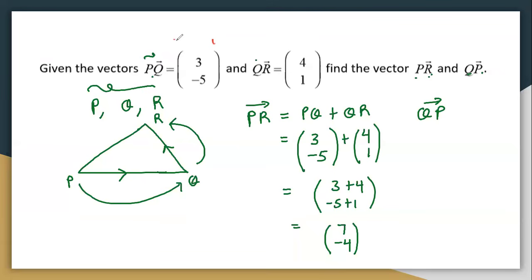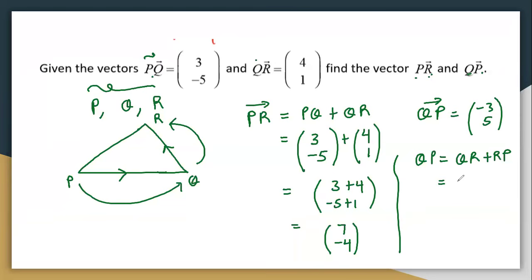Now I have -3, 5. Can you briefly tell us how you have obtained it? I drew the triangle. Then I had QR. Okay, Q to P, you said QR plus RP.